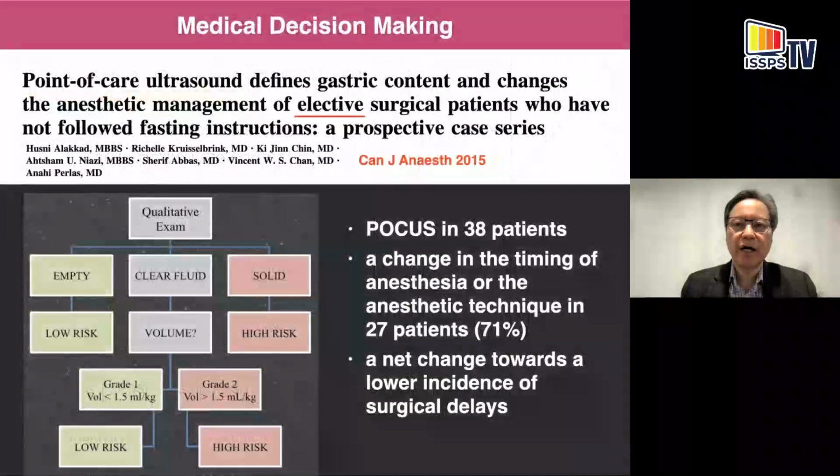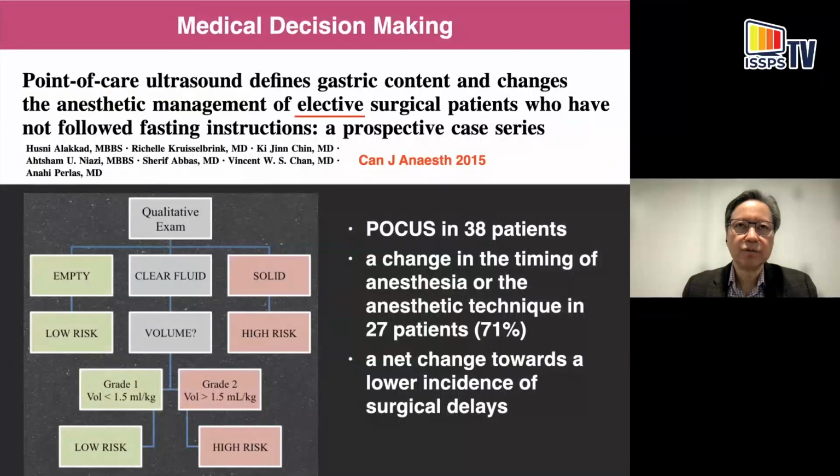So how is it going to help with a medical decision? I think one of the common applications of gastric ultrasound is a patient who is coming for elective surgery and has violated the NPO protocol. You don't know whether to delay surgery or not; this is the best time to scan. If you scan and find that the patient has solid, definitely it doesn't matter how distended the stomach is, you consider that as high risk.